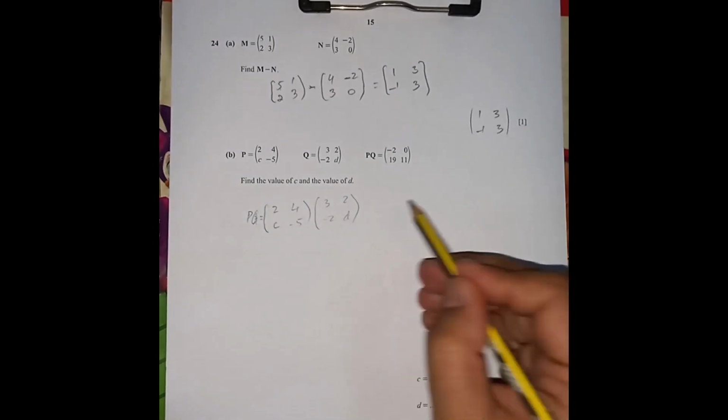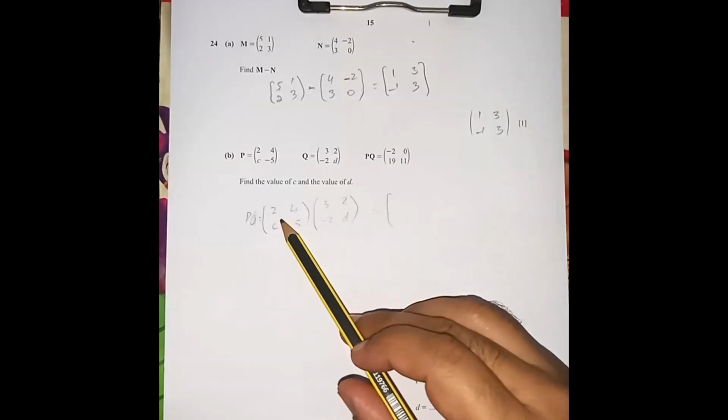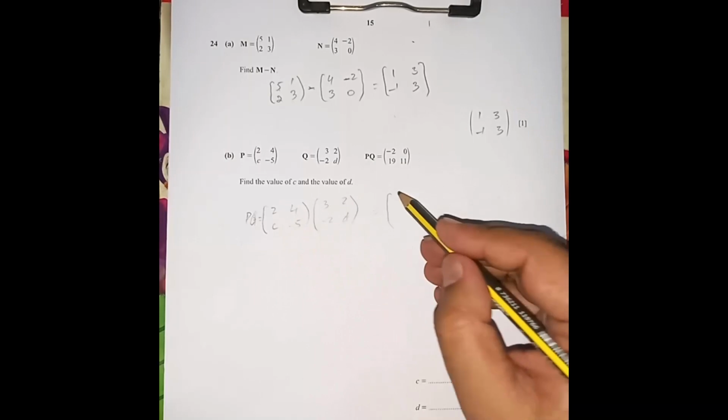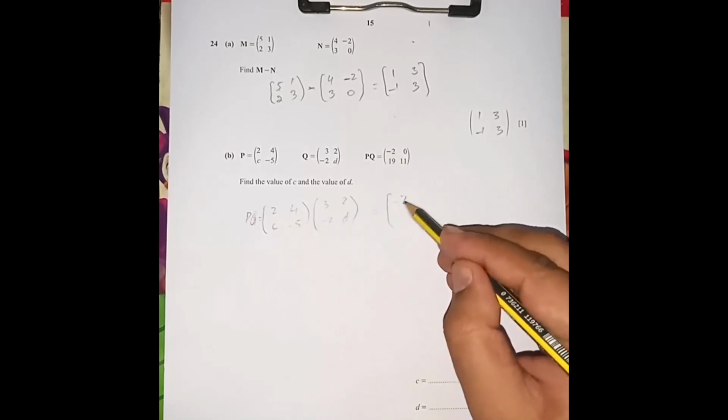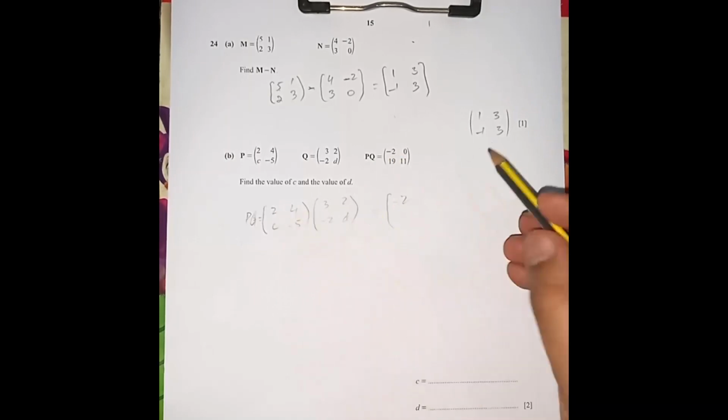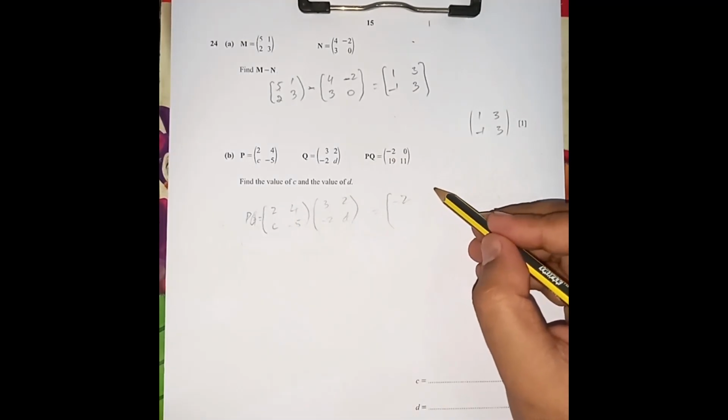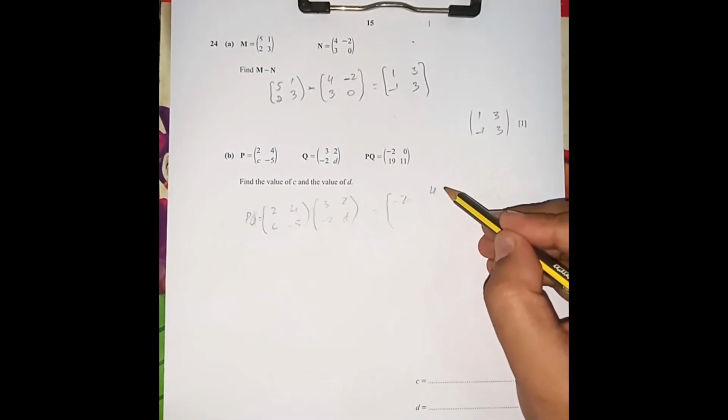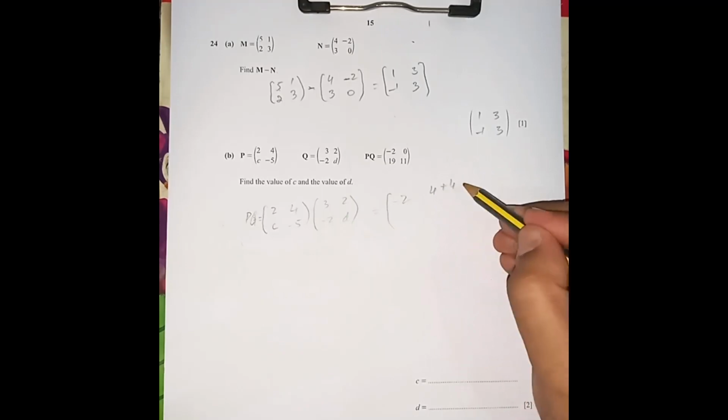So you have to do this: first row, first column, the answer is mentioned here, and then first row, second column is 4 plus 4D.